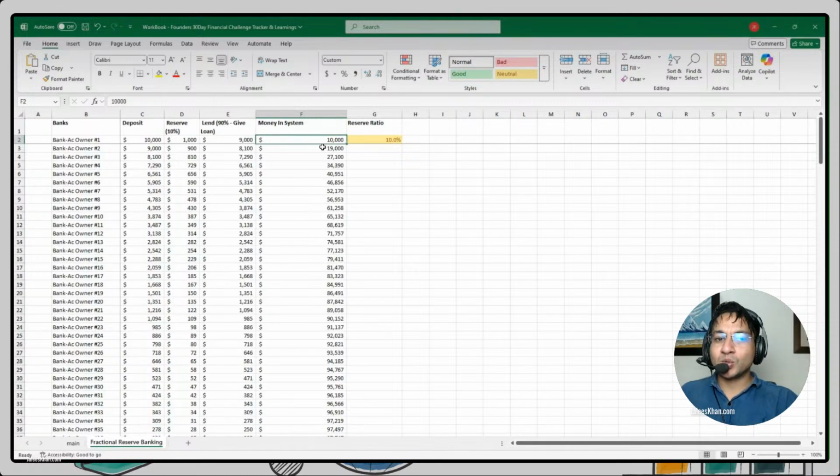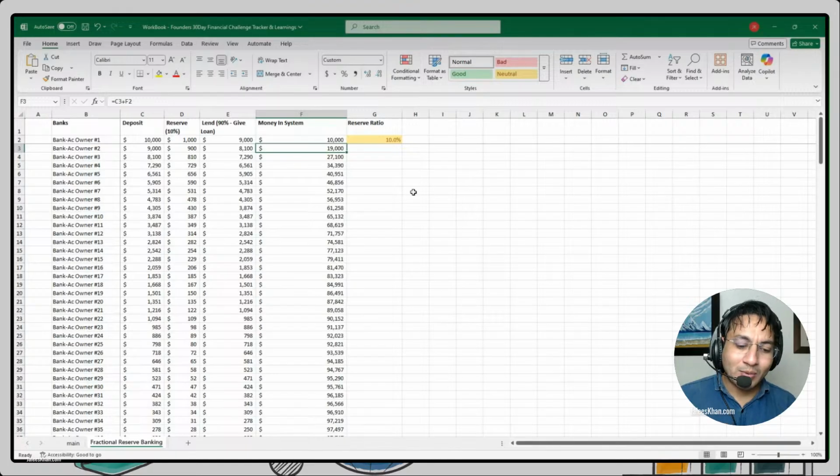So if we sum up the money in both of these two accounts, the total is around $19,000. But actually the cash which was deposited is only $10,000.